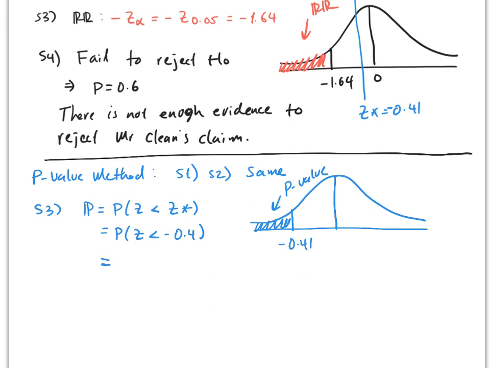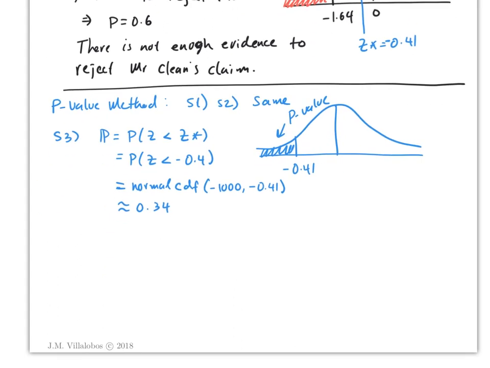If we use a calculator, this is normal CDF. The lower bound is minus 1000 and the upper bound is minus 0.41, and this is around 0.34. You round it to 2 decimal places.